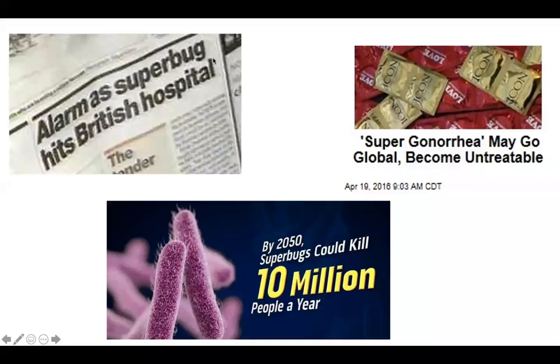So what are these superbugs? What do you think a superbug is? How would you describe a superbug? So 5.6 million worldwide. So a superbug, someone thinks, is a multi-drug resistant bacteria.